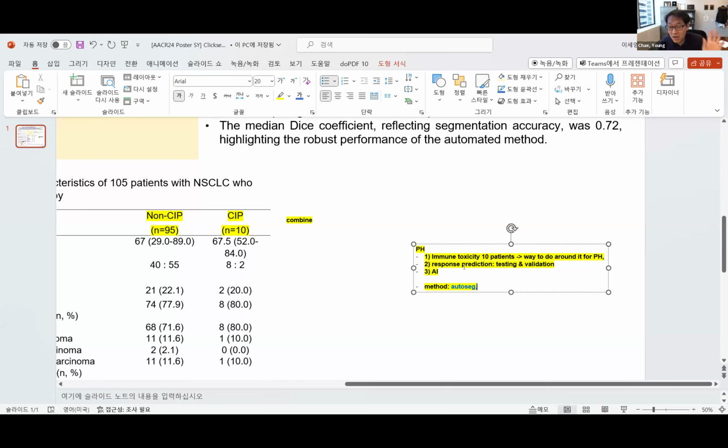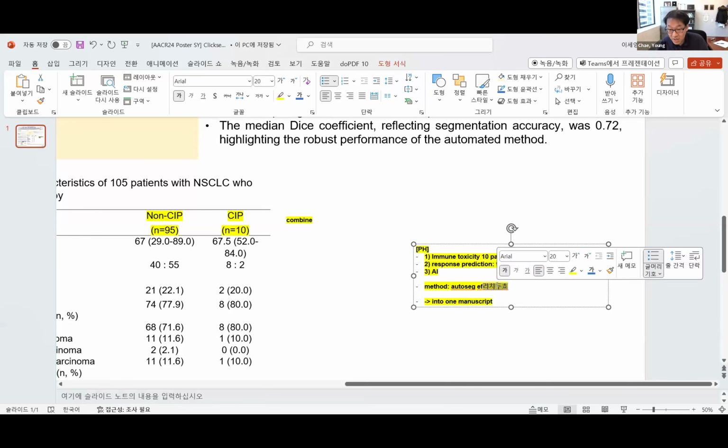So combine all of this into one manuscript. Seong and Liam, you can work on giving a framework as to what we want, what we're planning, and then propose to them: do you have a medical writer that can work with us to write a manuscript?